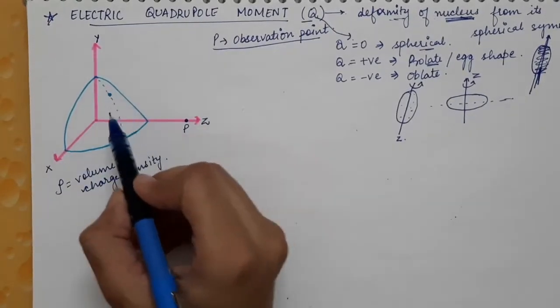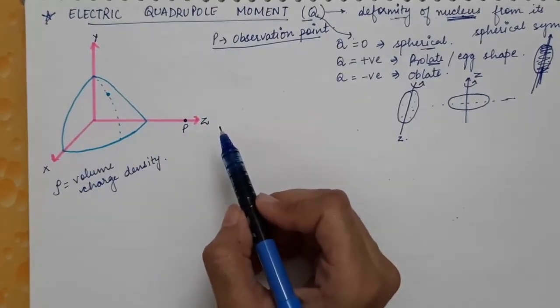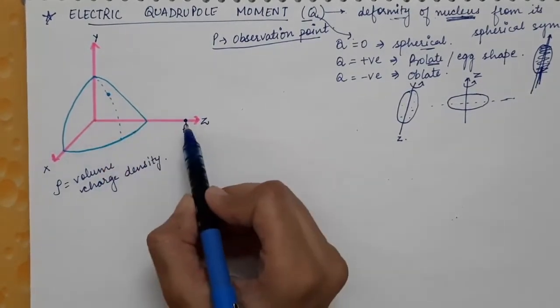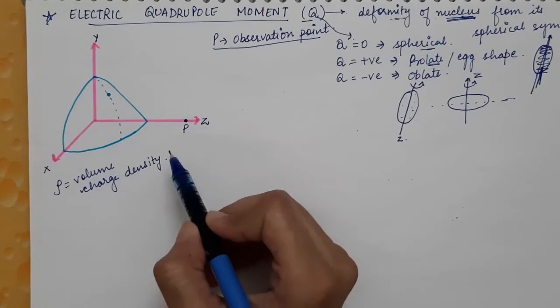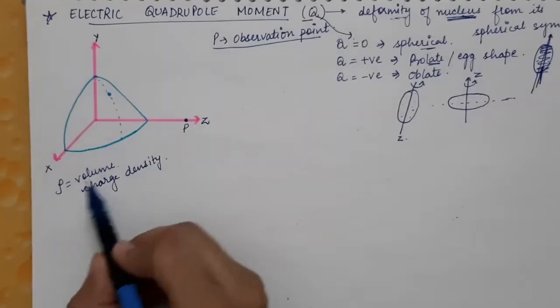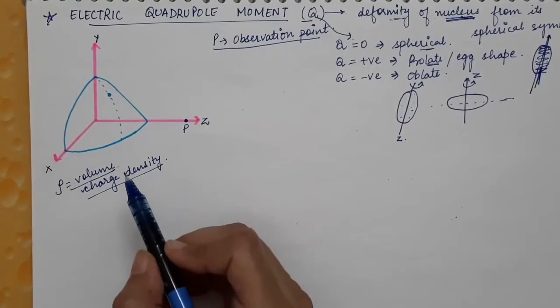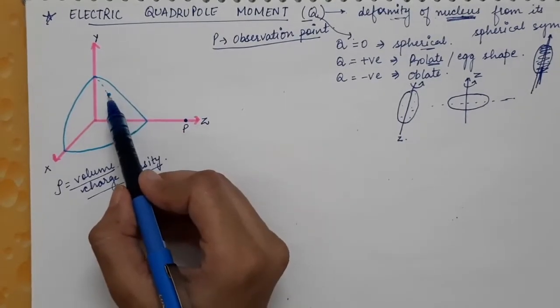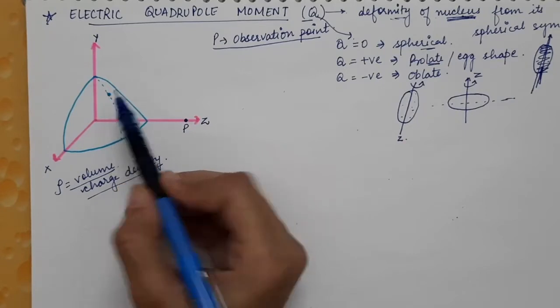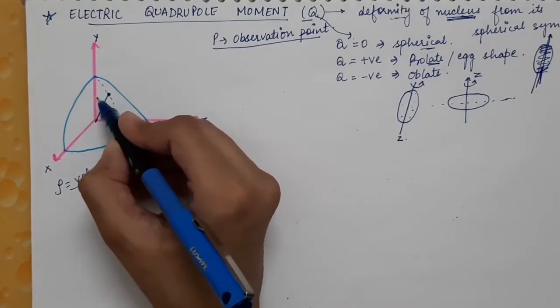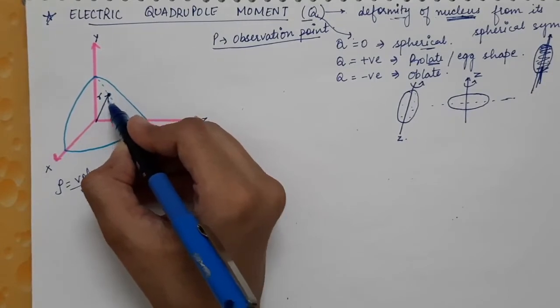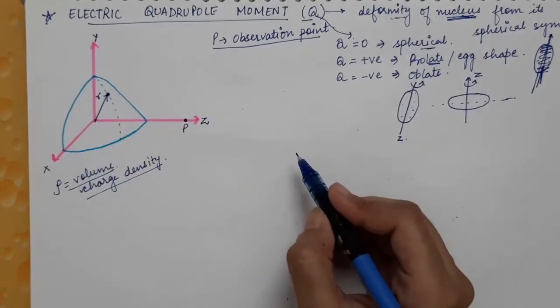This whole charge distribution drawn over here is deformed, and the potential due to it will be found at point capital P. So rho is the volume charge density, and we are taking a particular point inside this charge distribution, and let's say this point is at a distance of small r. The position vector is small r vector in this direction.